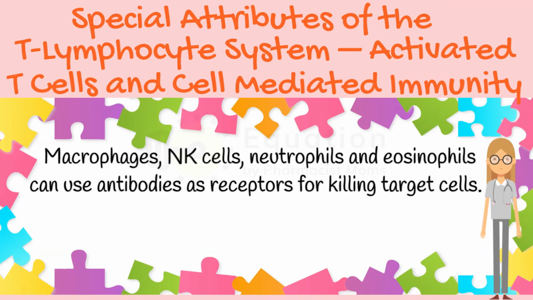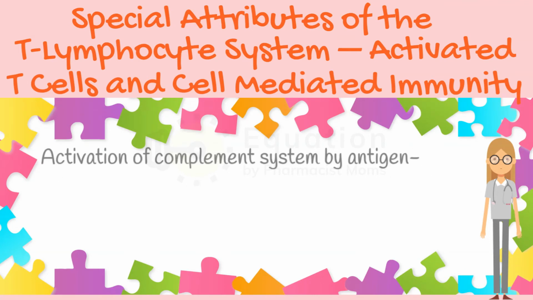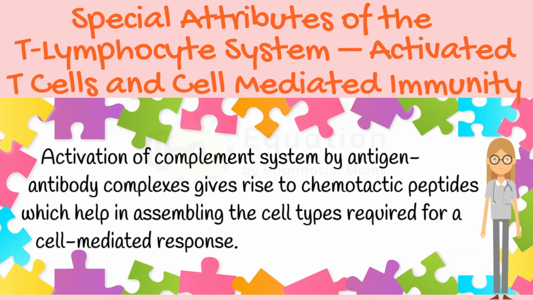Macrophages, NK cells, neutrophils, and eosinophils can use antibodies as receptors for killing target cells. Activation of the complement system by antigen-antibody complexes gives rise to chemotactic peptides, which help in assembling the cell types required for a cell-mediated response.